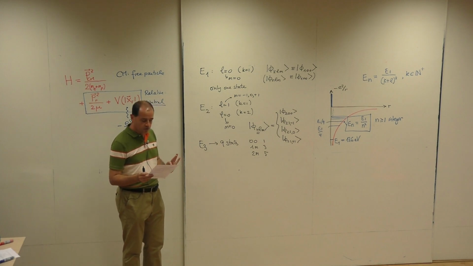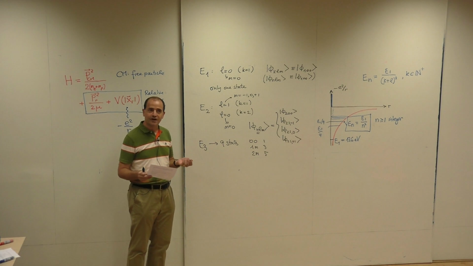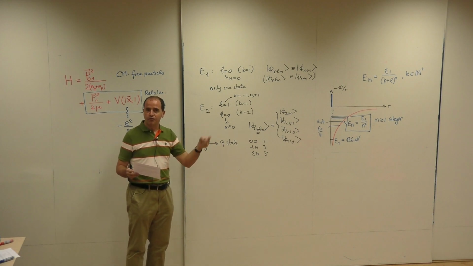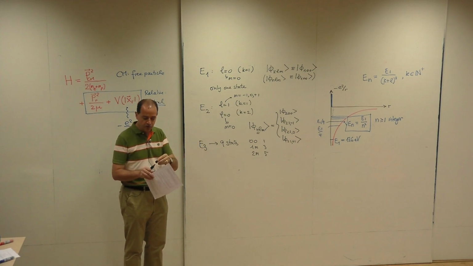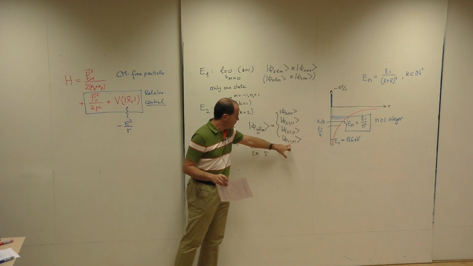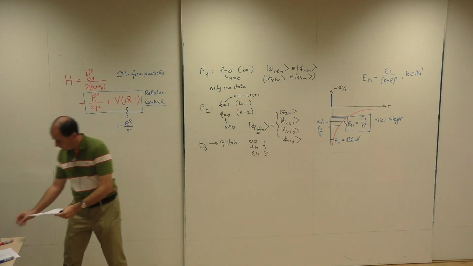Okay, now last point that I want to make is about the bound states. How do the eigenvectors look like, the wave functions. We know already the angular part is going to be a spherical harmonic, well, with those numbers, right? But how does the radial wave function look like?